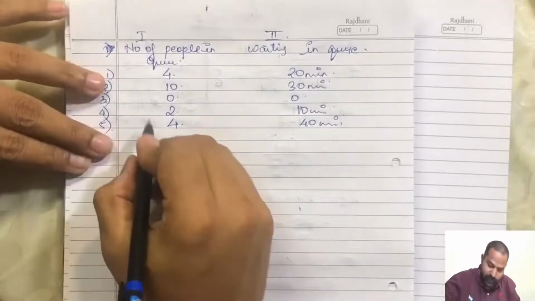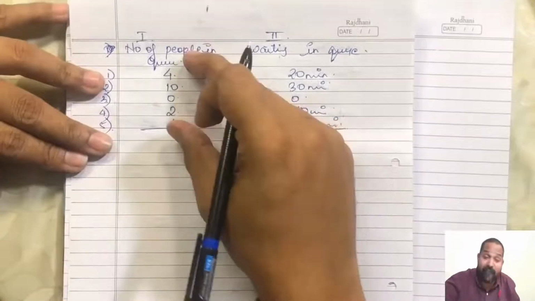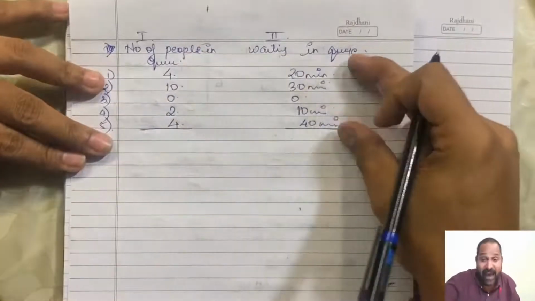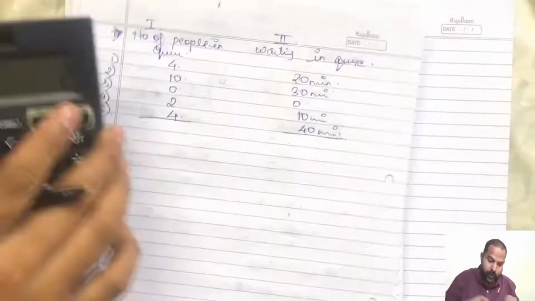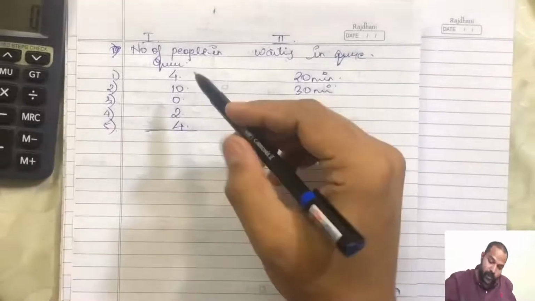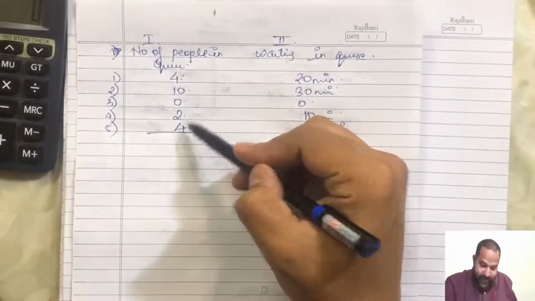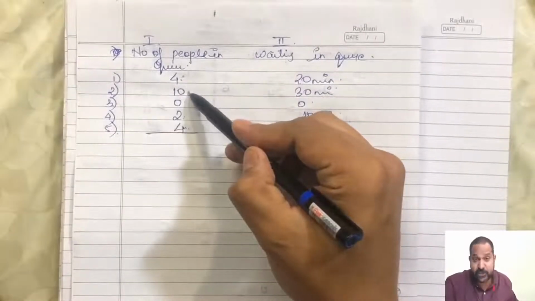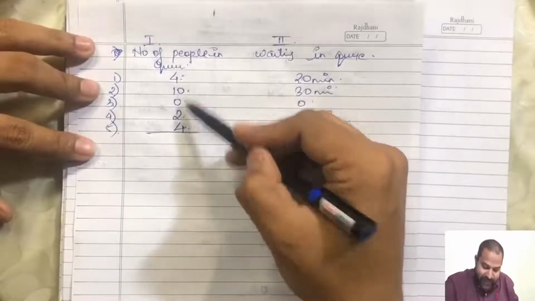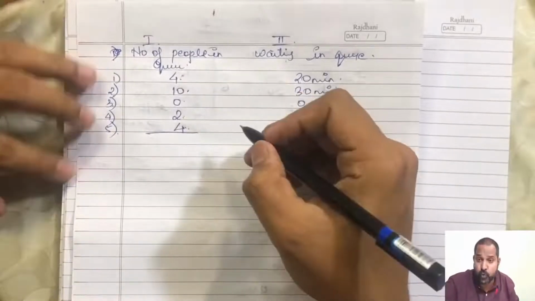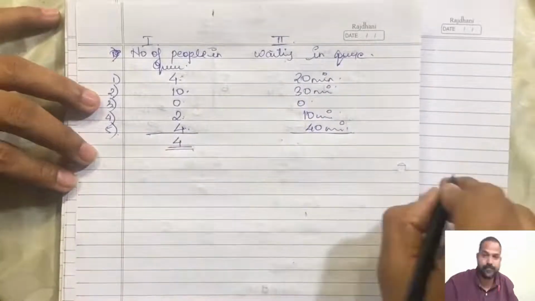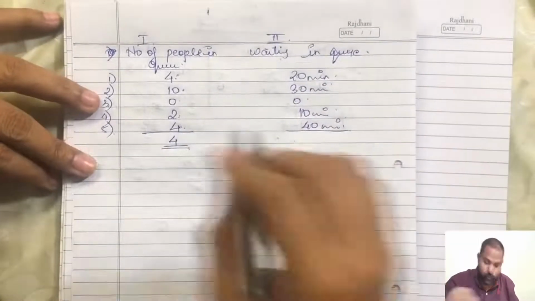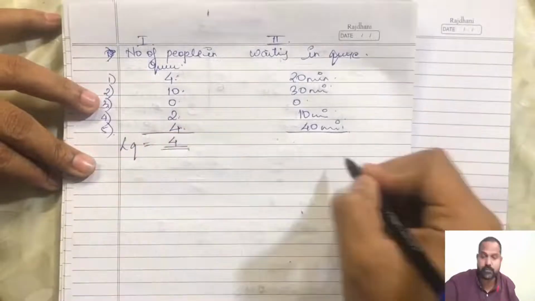I said okay, let's now find the average queue length and the average time my students had to wait in the queue. Okay, so average queue length will be 4 plus 4 is 8, 8 plus 2 is 10, 10 plus 10 is 20, 20 divided amongst 5 students is 4. This is my average queue length. So this is my length of the queue.